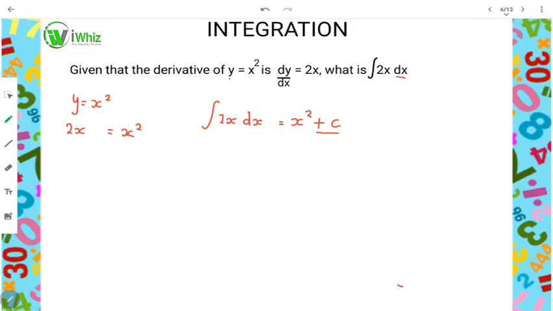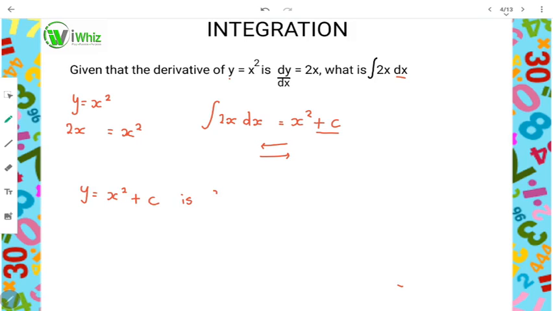So when performing an indefinite integral, we can check the answer by working backwards and working forwards. So if you return to the function you are integrating to begin with, then you can see that your answer is correct. We can say then that y is equal to x squared plus c.